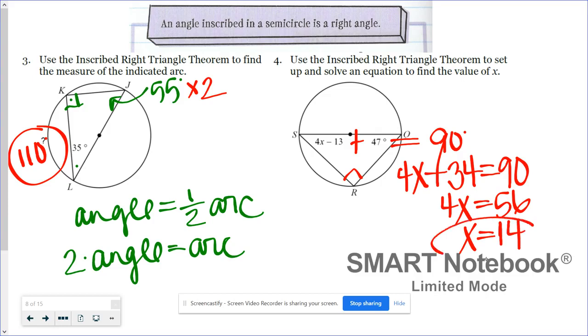So if you have an angle inscribed in a semicircle, it's a right angle, and then we can use our other knowledge of triangles to find missing measurements.